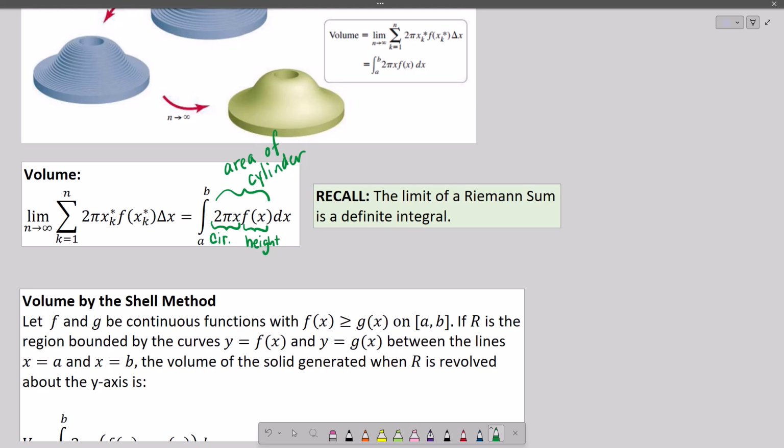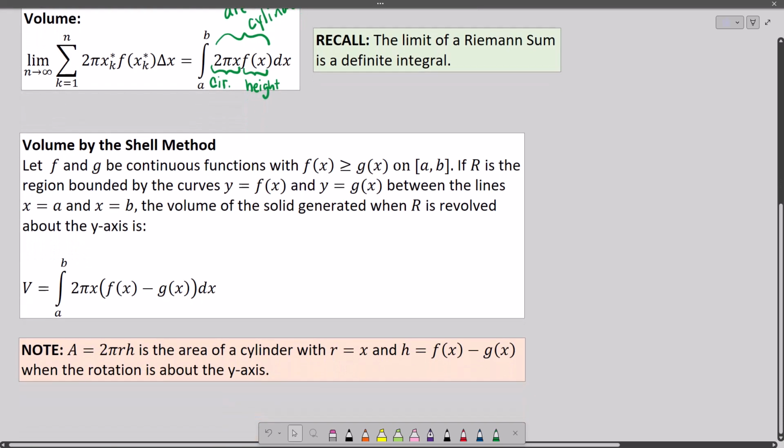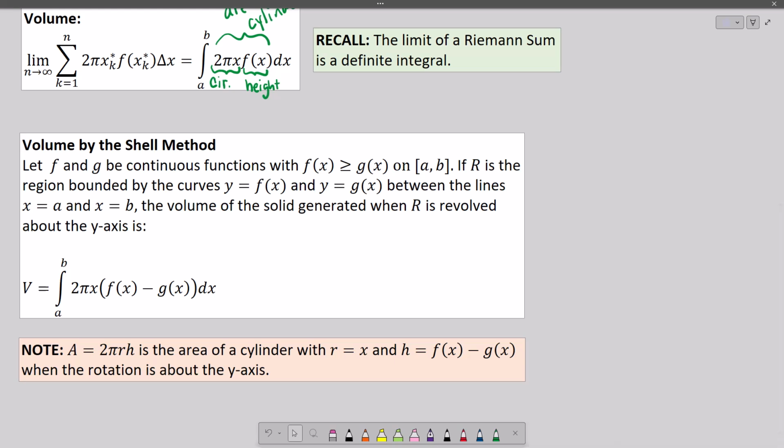All right. So that's how we're going to get our cross-sectional area. Instead of a disk or a washer, we have a cylinder. Area of a cylinder is 2 pi rh. And then we just have to figure out how to put in the function. Here they've generalized it a little bit. The height of the cylinder that we're creating might come from two functions.